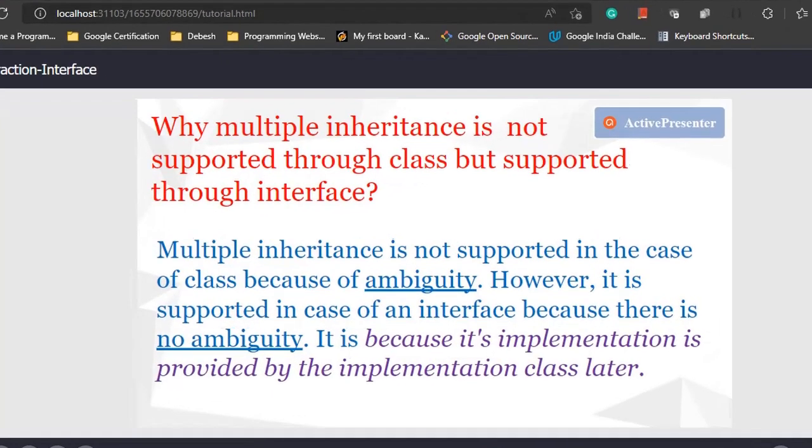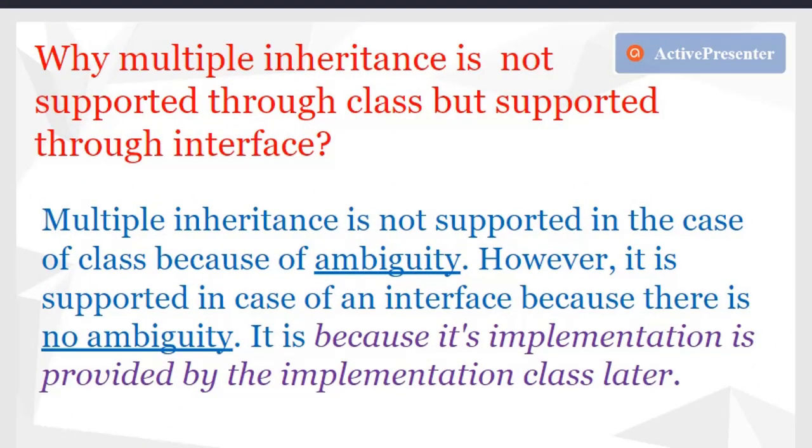Why is multiple inheritance not supported through class but supported through interface? Because of ambiguity. It is unclear when we use it through class.